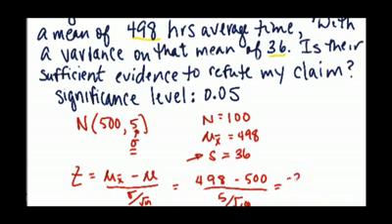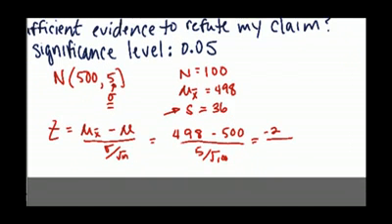So we have negative 2 over 1/2. And you multiply, and you get a negative 4.0. Okay, so if you remember, the z-score is a way of divvying up your normal distribution.